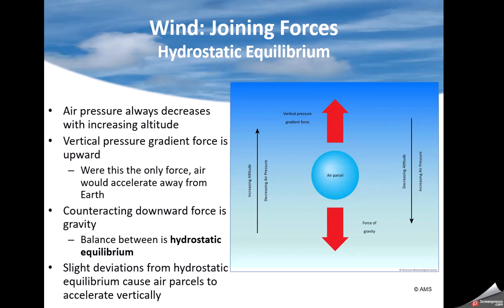Think about it. 850 millibars many times is right around 5,000 feet. So if it's around 5,000 feet, not even a mile, you have dropped pressure from standard, right around 1,000 millibars, to 850, 150. So in not even a mile in the vertical, you have dropped pressure 150 millibars.